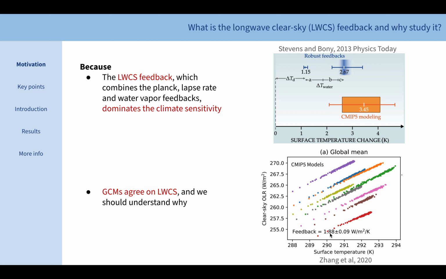They're about 1.9 watts per meter squared per Kelvin, and they vary by about 5% from each other. And this is in light of the fact that the humidity fields and the temperature fields of these models are different, and yet they're still showing the same feedback value. We should understand why that's the case.